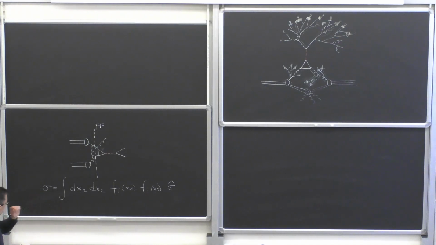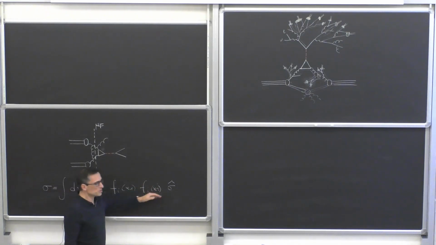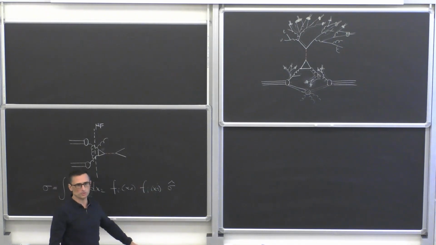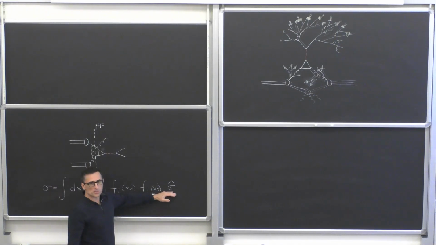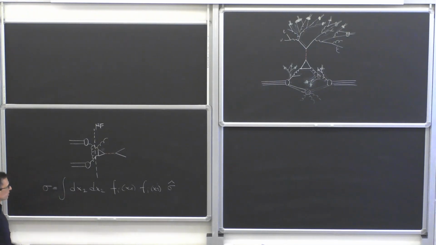So this is a factorization theorem, and what we learn in class is that we can compute this order by order in perturbation theory. We discussed the leading order computation. In the notes that I put on the web, there is also a next to leading order computation done in the limit where the top loop is shrunk, so we reduce a two loop into a one loop computation.